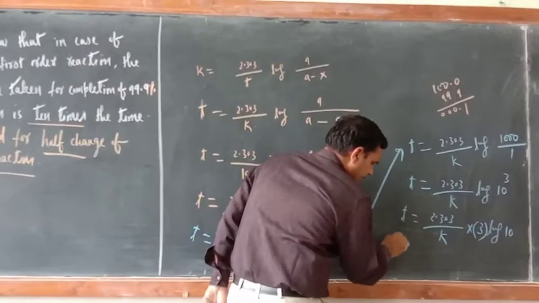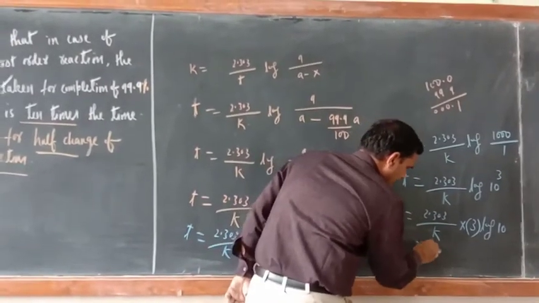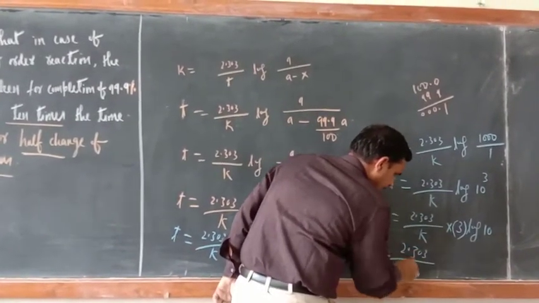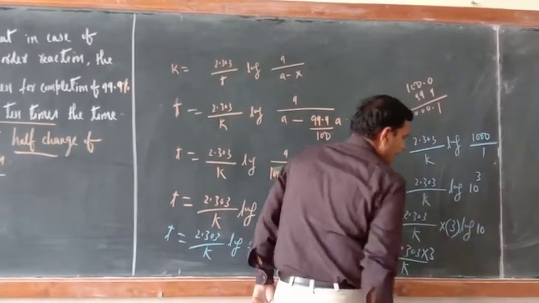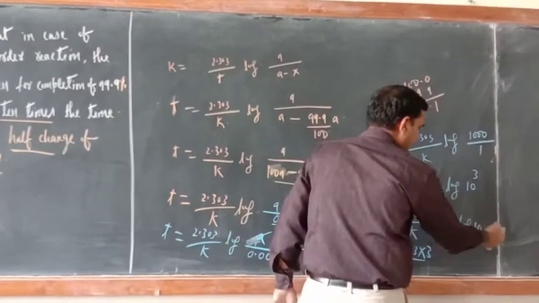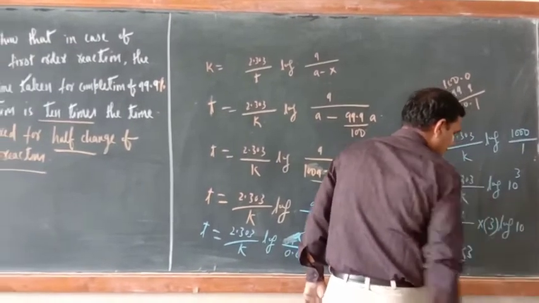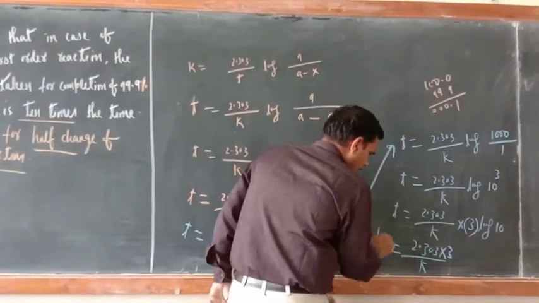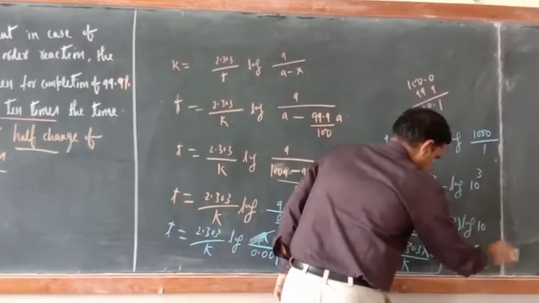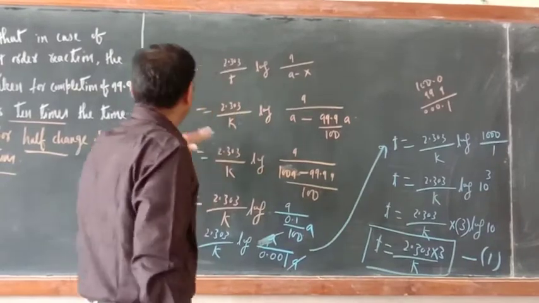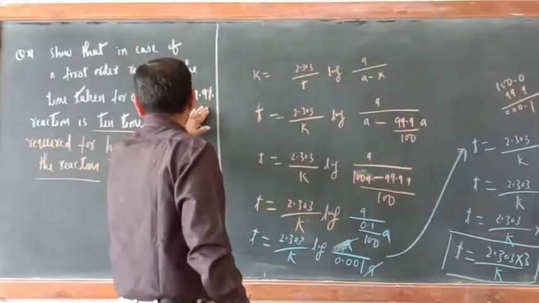Since log 10 value is 1, t equal to 2.303 by k into 3. Let this be equation number first. So the first part of this question we have solved.